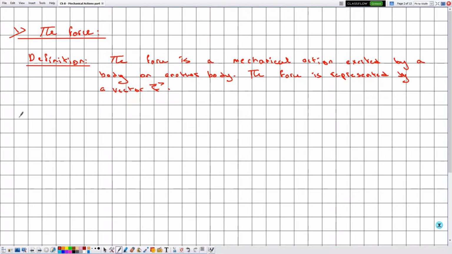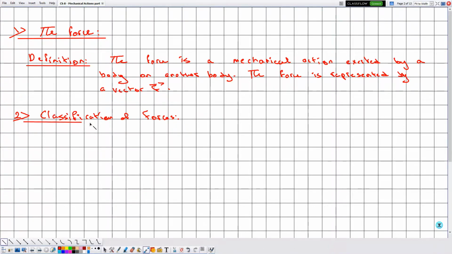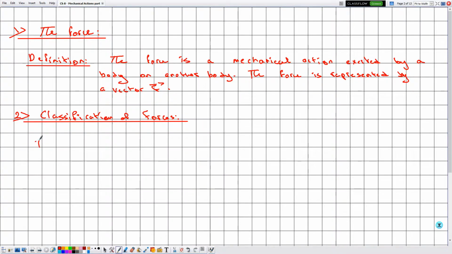Now, in order to describe the properties of a vector or a force, first we need to classify a force. Then let me write section number 2, the classification of forces. There are two categories.